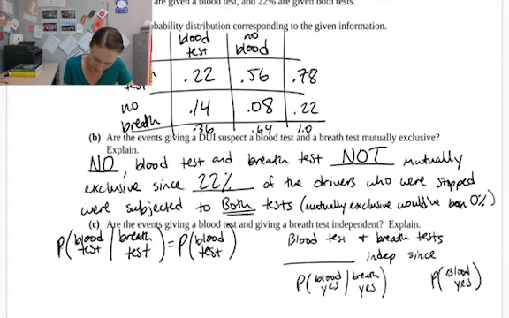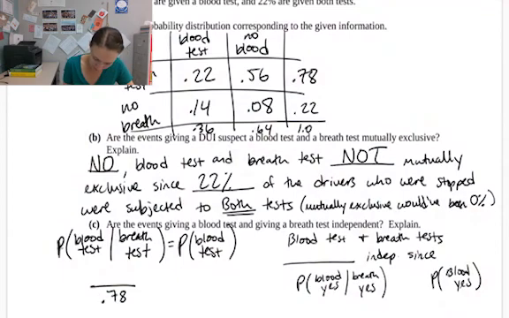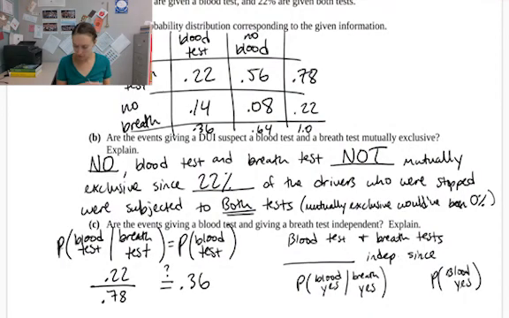So out of all the breath tests, so 0.78, what's the probability that they had a blood test? It was 0.22. Does that equal, question mark, probability that they had a blood test was 0.36. So take 0.22 divided by 0.78. I know I'm kind of running into the bottom of my page. 0.282 does not equal 0.36.